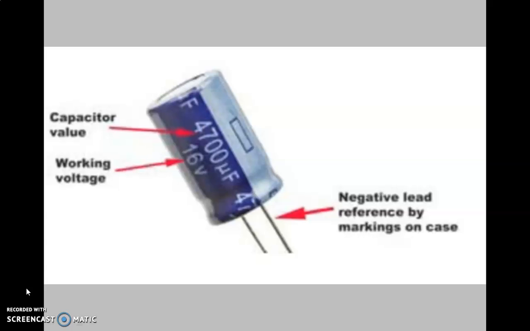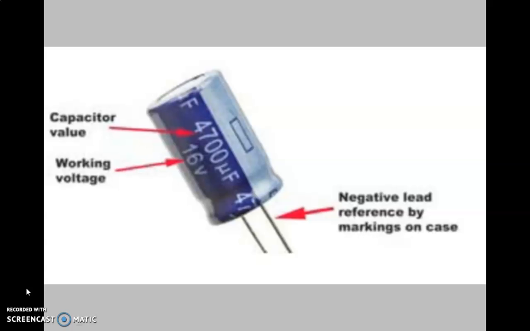But sometimes these capacitors get damaged quickly, and the reasons are listed as three. The first one is excess voltage. Excess voltage may cause a leak in the capacitor, and this may result in a short circuit. The second reason is reverse polarity.